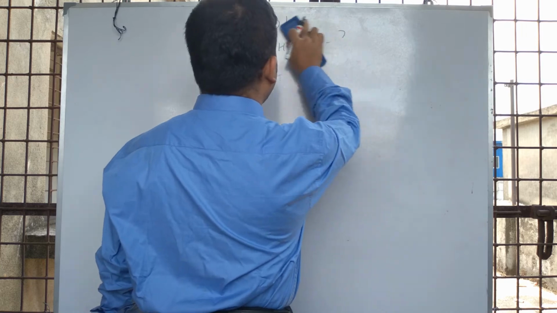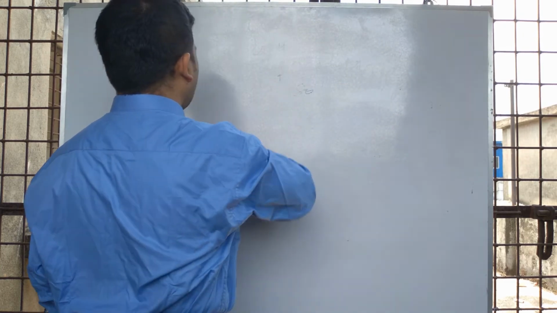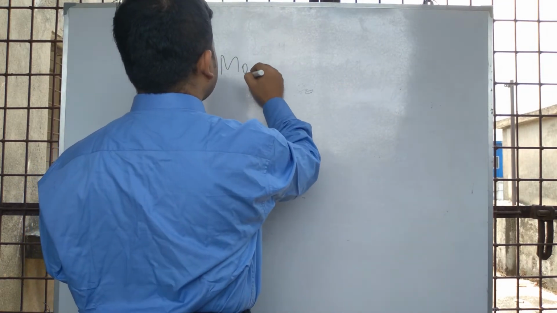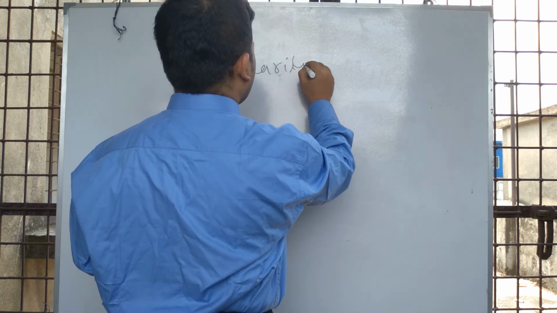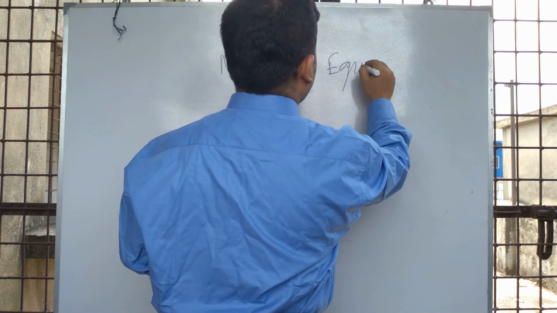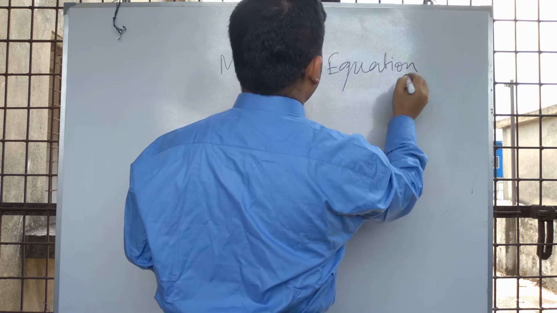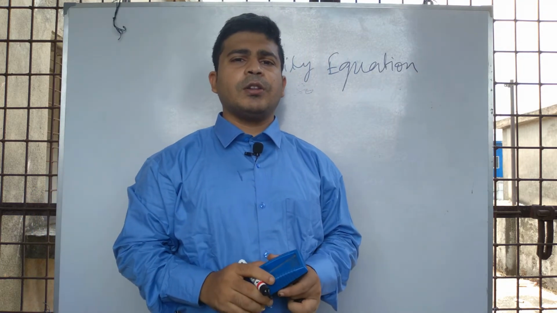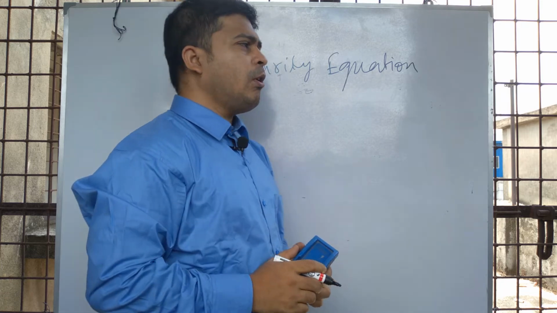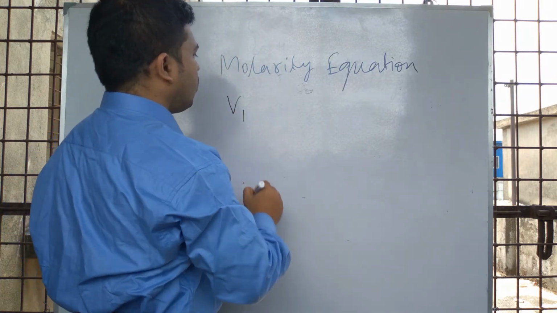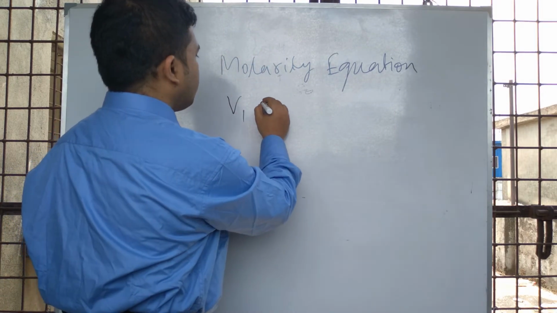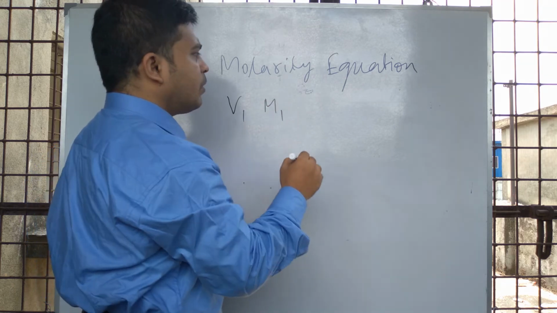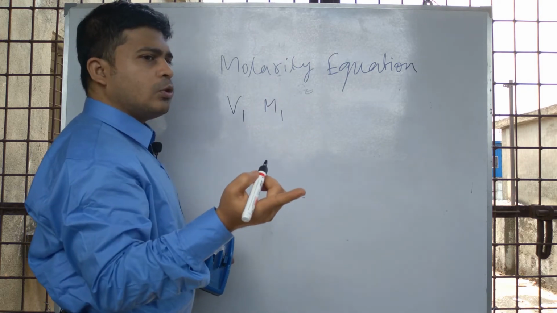Now our discussion is about the molarity equation. Molarity equations are equations that relate the molarity and volume of a solution. Suppose V1 ml of a solution whose strength is M1 is diluted to V2 ml.